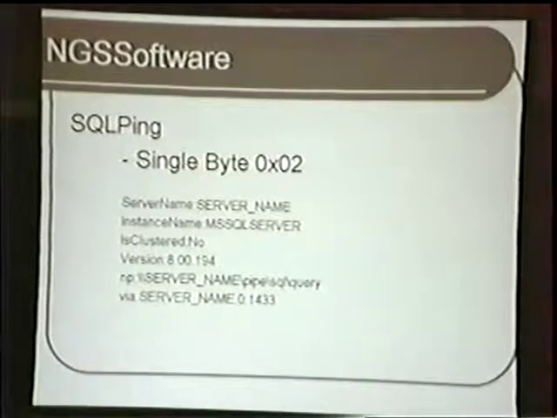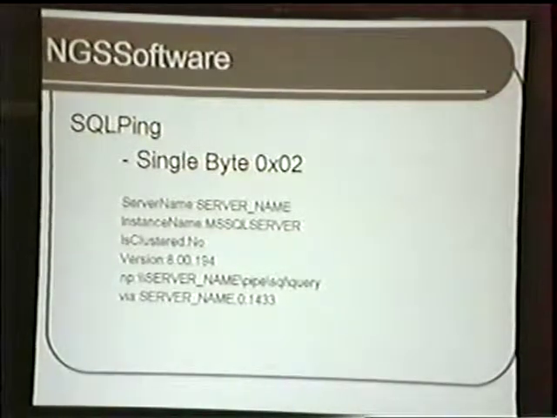So Query Analyzer or the Enterprise Manager would simply send a UDP packet 02 to the server and ask for this information, such as, what named instances do you have? Obviously, if you don't have any named instances other than the default, it's going to be MSSQLServer. Whether there are extra named instances or not, SQL Server will still reply with this information. So it's a bit of information leakage anyway. That in itself is not too much of a major problem.